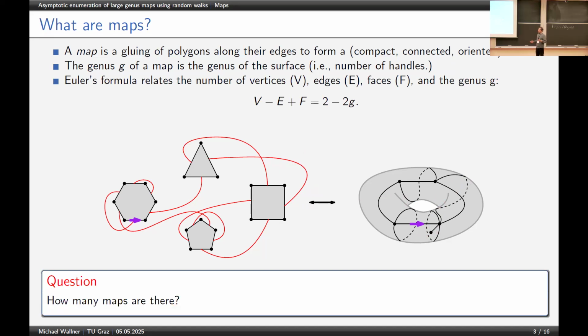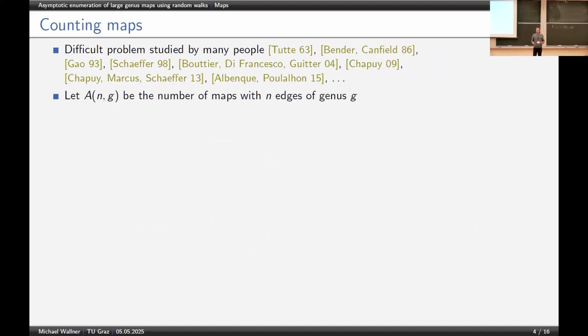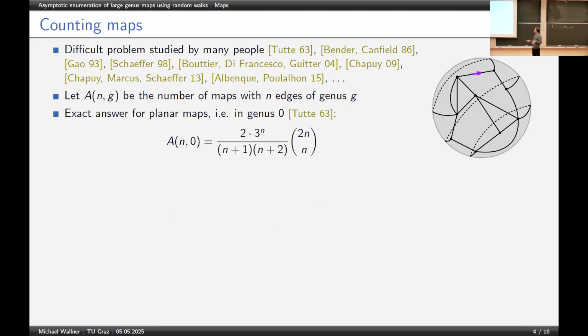And the question I want to look at, or many people looked at, is how many maps are there. Counting such maps is a difficult problem, and many people have studied it. This is a non-exhaustive list. If I now let A_{n,g} be the number of maps with n edges and of genus g, we don't have many exact answers.